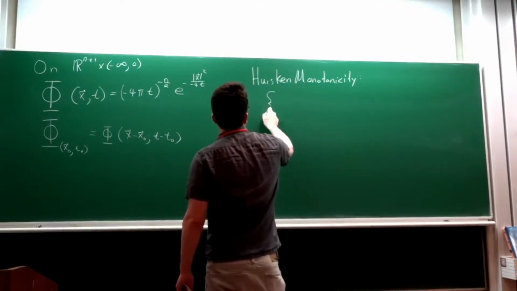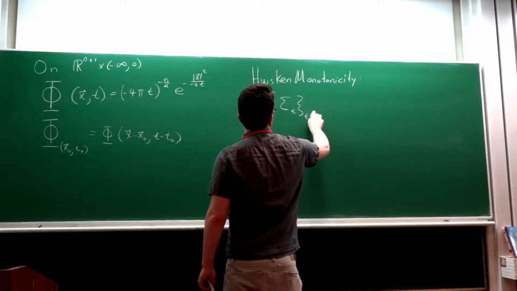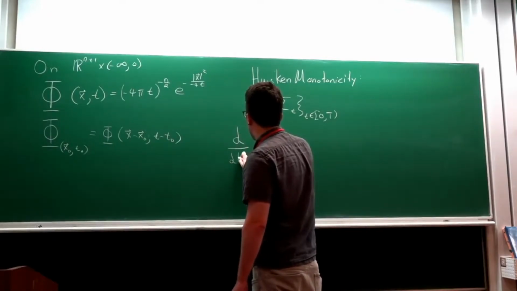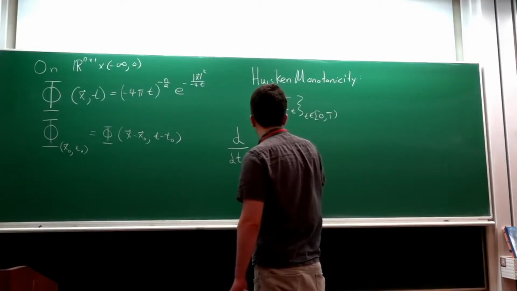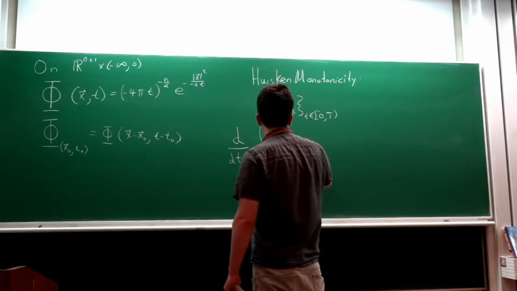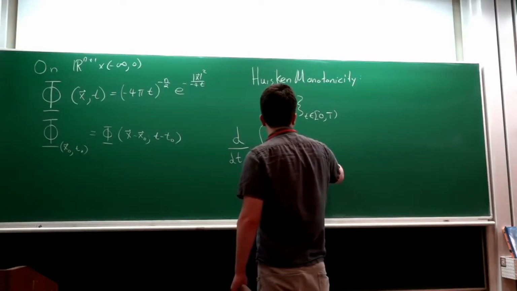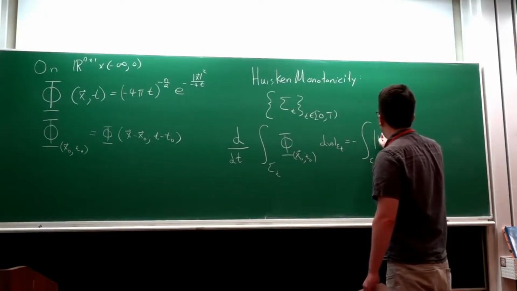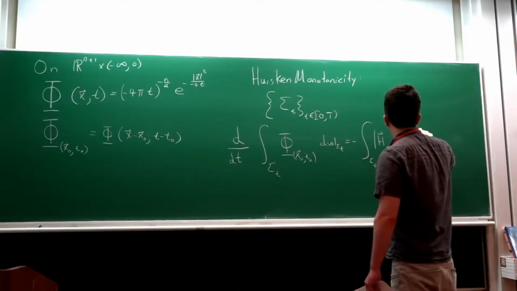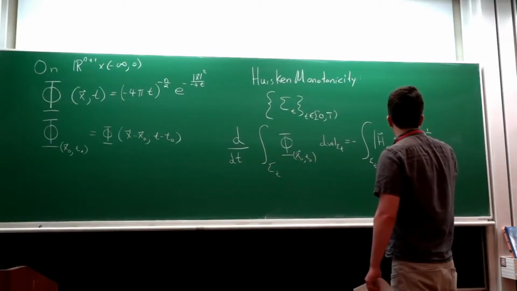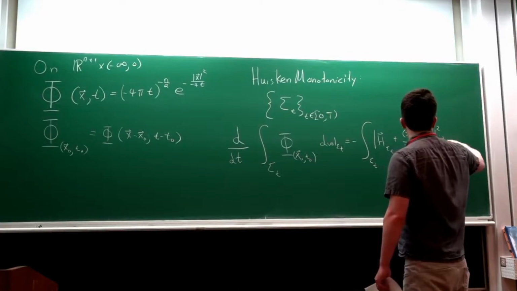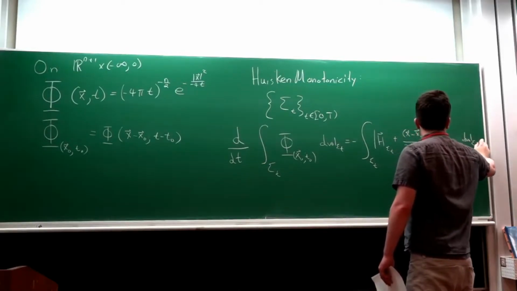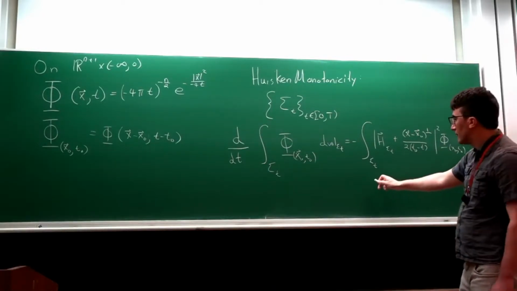This said that if we had a mean curvature flow defined on the interval 0 to T, then the change of the integral over sigma t of phi is non-positive.